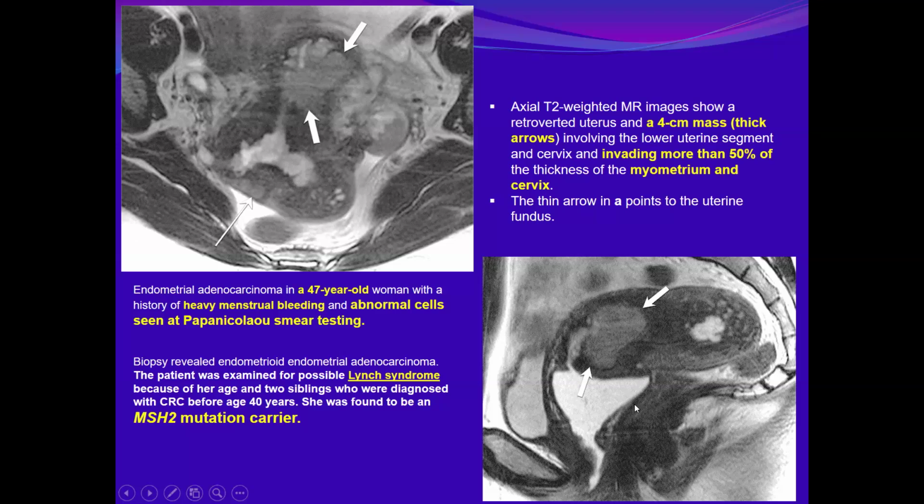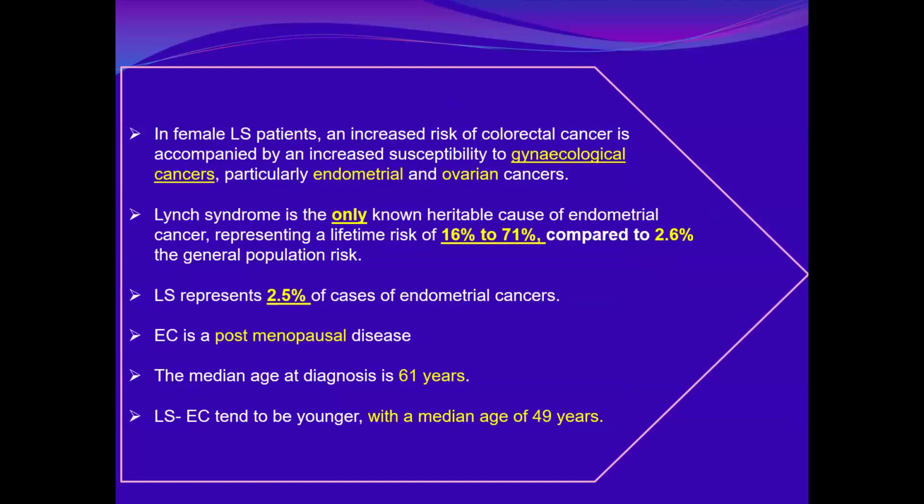Okay? And the patient was examined for possible Lynch syndrome. She's a young lady, and because of her age, and she has 2 siblings who were diagnosed with colorectal cancer before the age of 40, she was found to be an MSH2 mutation carrier, which is typical of Lynch syndrome.